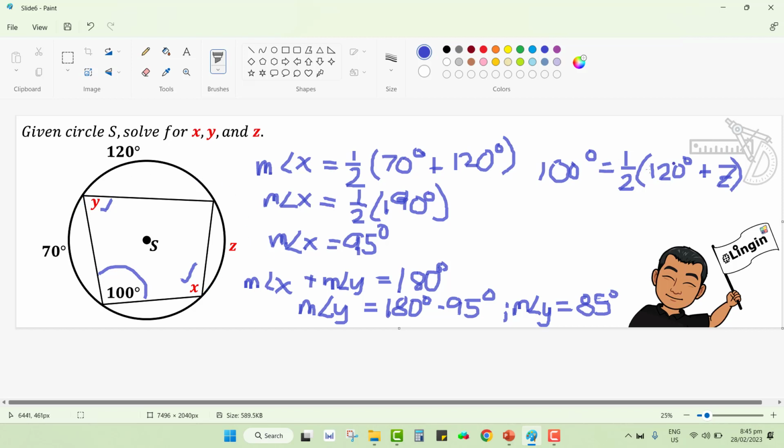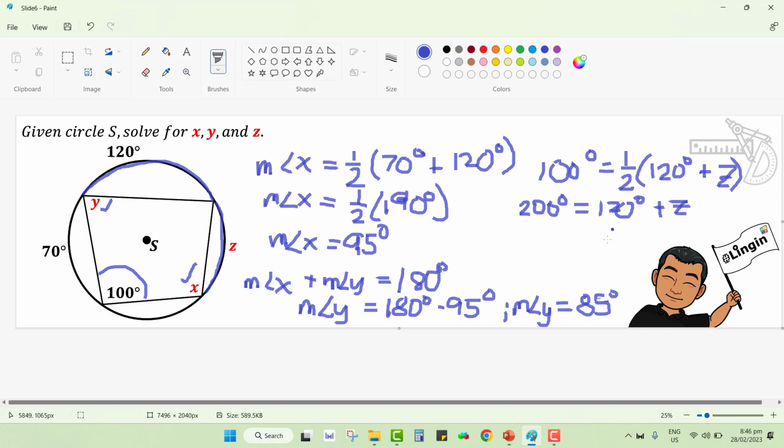So by following the same pattern, 100 degrees, which is the measurement of the inscribed angle, is half of the sum of its intercepted arc, which is the given 120 degrees and z. We can multiply both sides by 2, and we get 200 degrees equal to 120 degrees plus z.